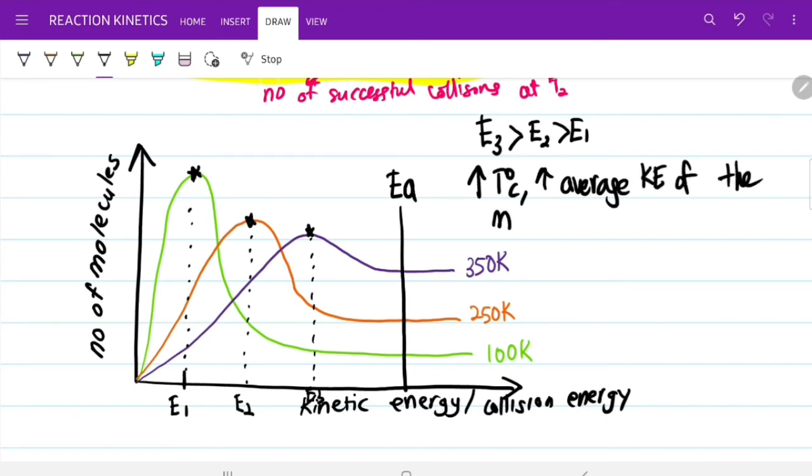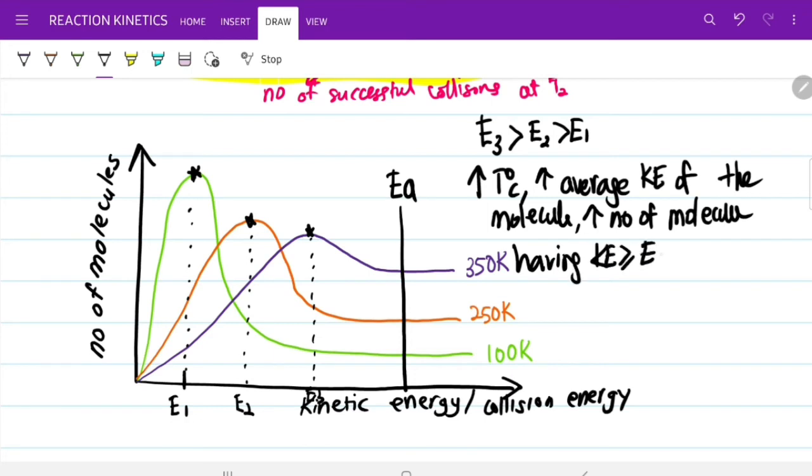Okay, so that means an increased number of molecules having kinetic energy greater than the activation energy. How am I going to prove that? By looking at the shaded area for the molecules that have kinetic energy more than the activation energy.